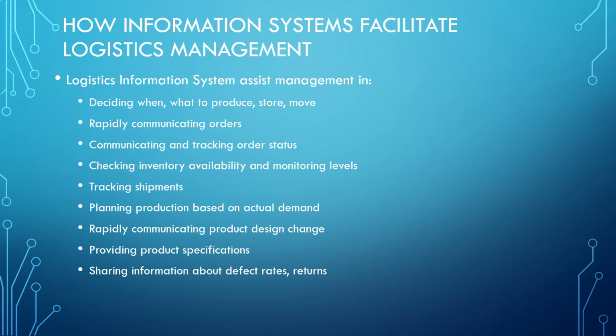They rapidly communicate orders, communicate and track order status, check inventory availability, and monitor levels. We can also track shipments. We can use it for planning production based on actual demand. We can rapidly communicate product design changes, and we can provide product specifications. And we can use this information to share whatever documents or information we need about defects or defect rate and returns.